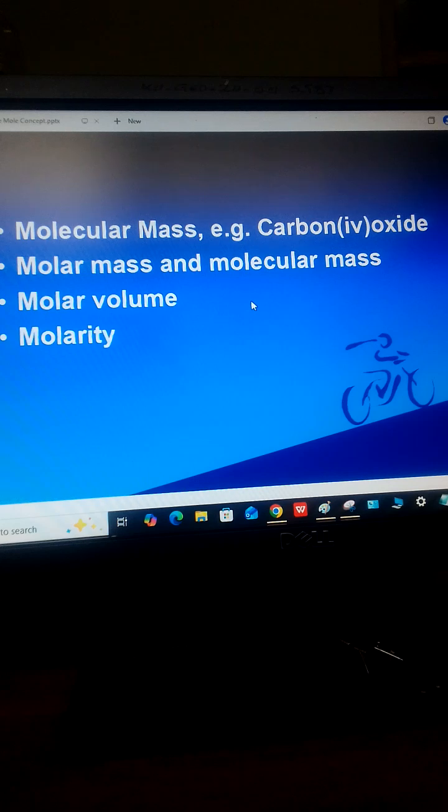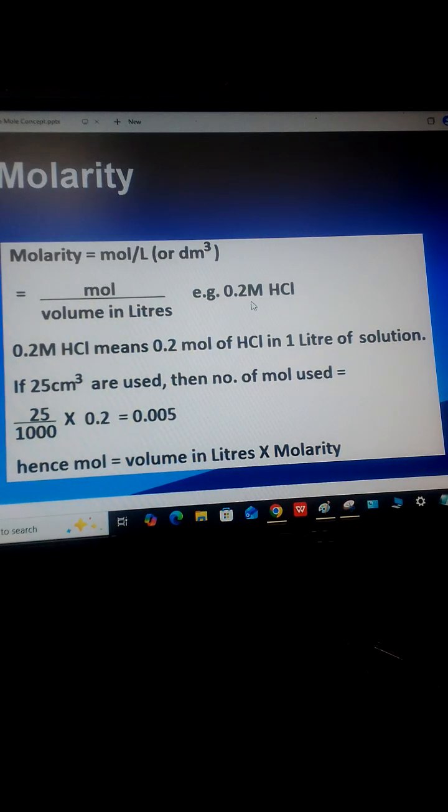Alright. Next, let's look at the item called molarity. Molarity is equal to the number of moles per liter, or per cubic decimeter. So when you have a given volume in liters, the number of moles per liter is the molarity. For example, you have 0.2 M hydrochloric acid.